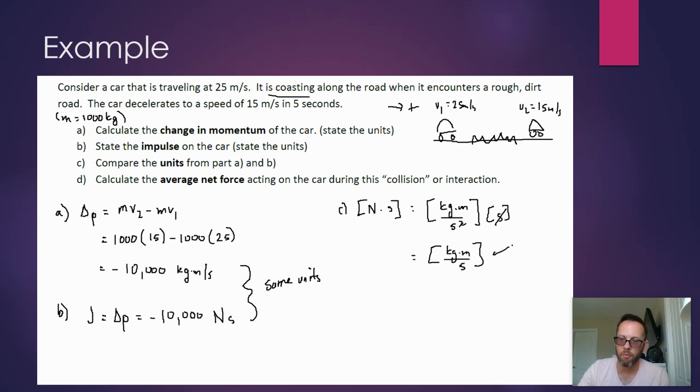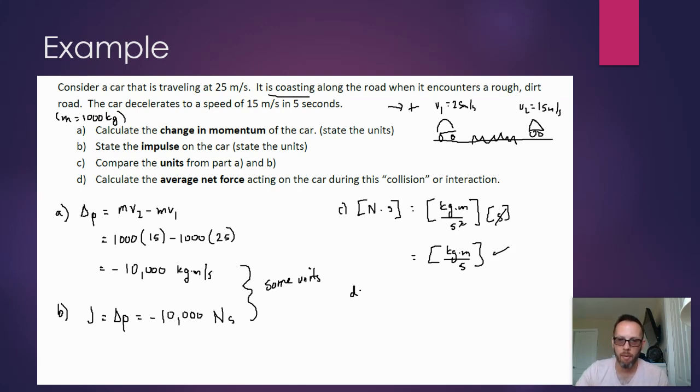Hopefully I've convinced you that those two units are equivalent. Whether you want to use one or the other depends on the context. If you're talking about a change in momentum, it might make sense to leave it in the units of momentum, kilogram meters per second. But if you're talking about force and time, maybe you want to use newton seconds, but they are equivalent. So what is the average net force here?